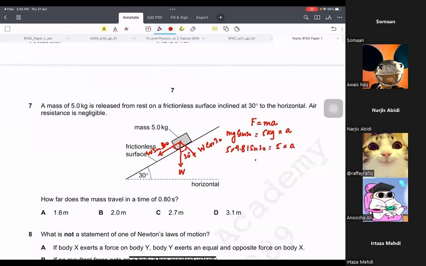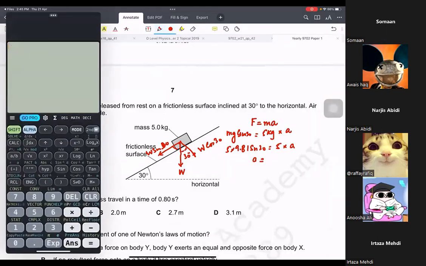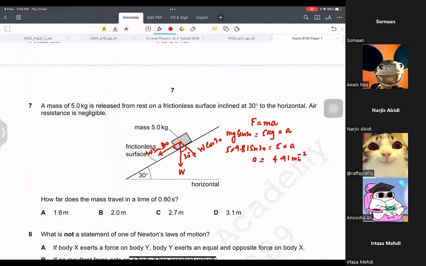The 5 will cancel out, so a is 9.81 times sine of 30, which is 4.91 meters per second squared. So we got the acceleration.